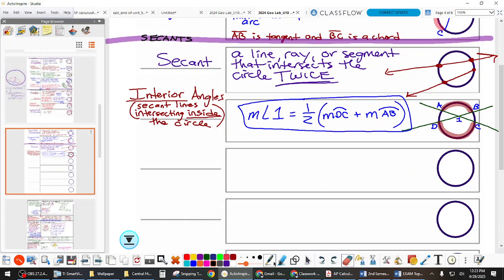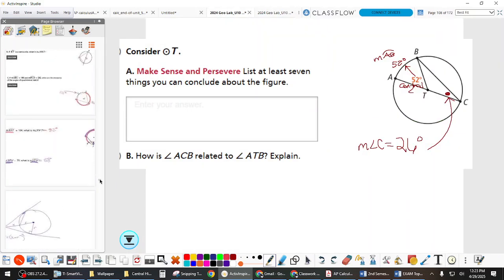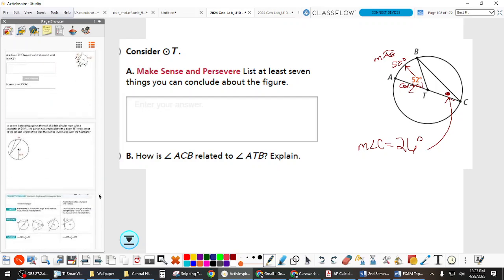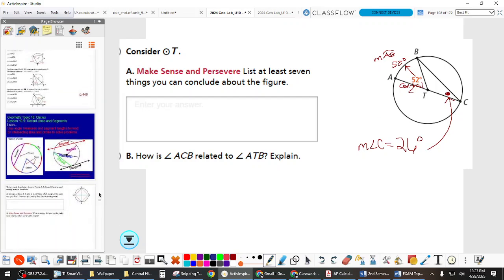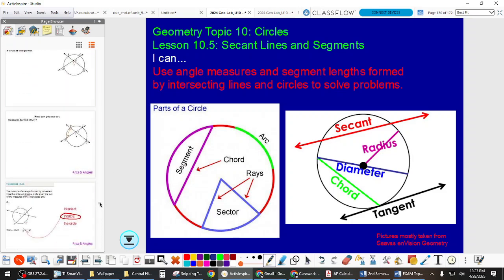Ooh, that's annoying. In fact, let's do an example of this before we do the next three, because they're a little bit unrelated. They'll kind of have a similar formula, but the appearance of the problem is different.